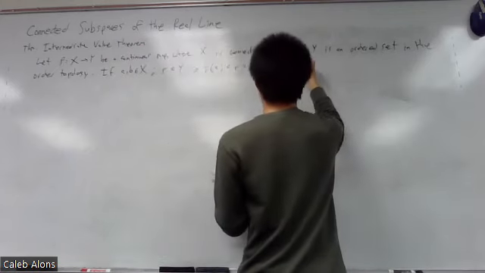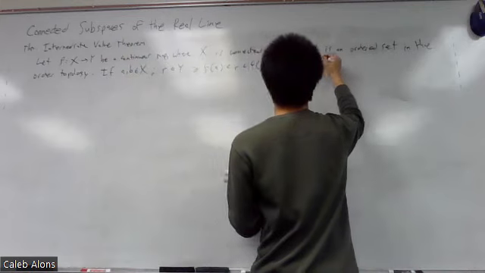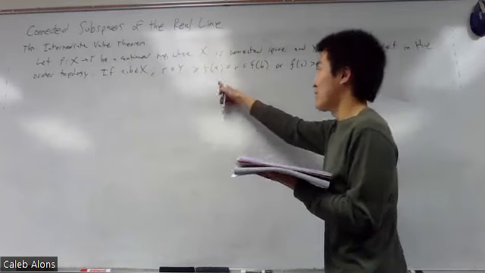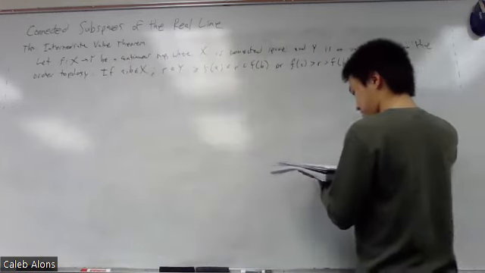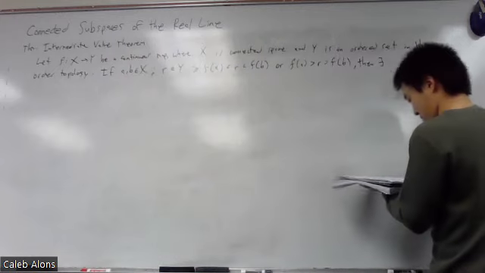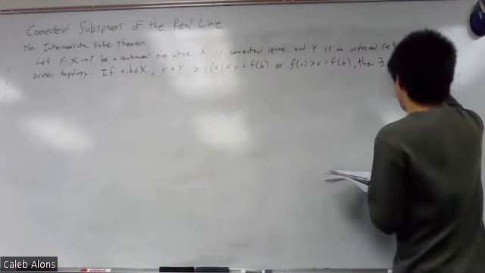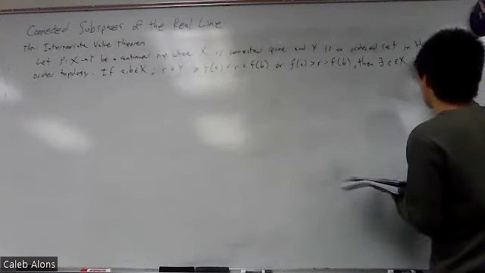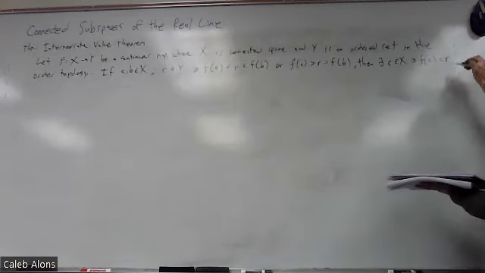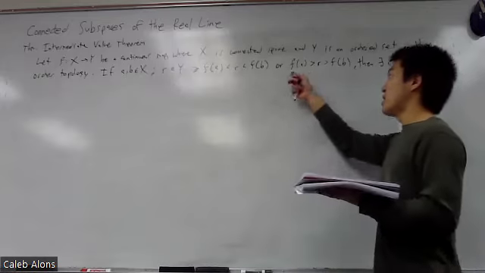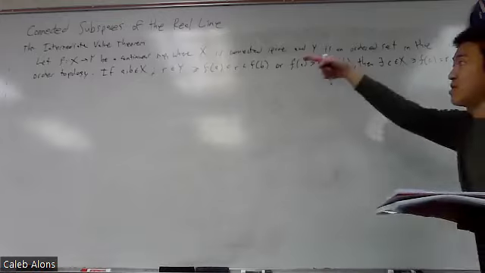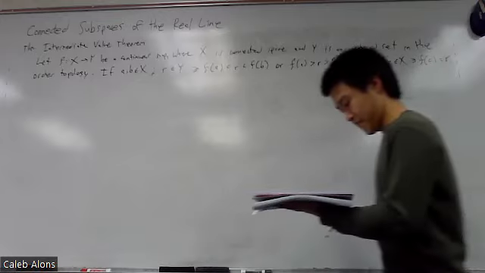We just need R to be between f of A and f of B, so it could be f of A is greater than R greater than f of B. Then there has to exist some C in the domain space such that f of C equals R. So if I'm choosing something between, somewhere in the image, then it needs to have a source, given the above condition. Okay.